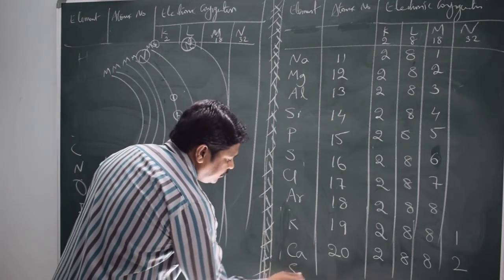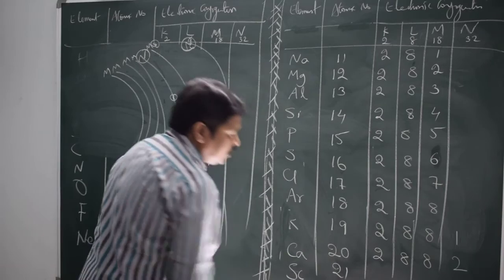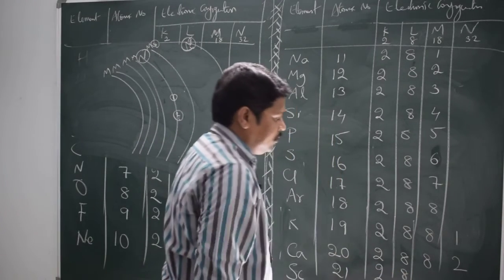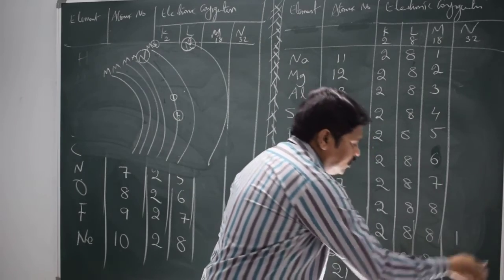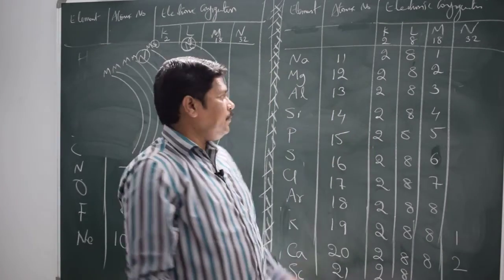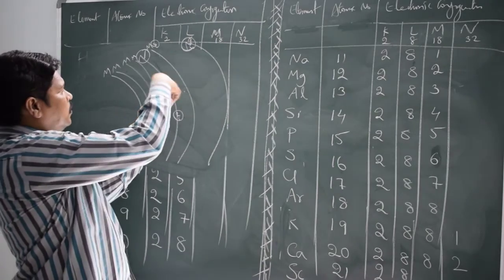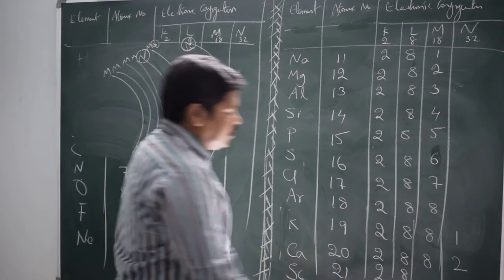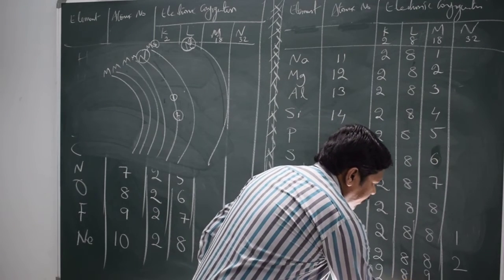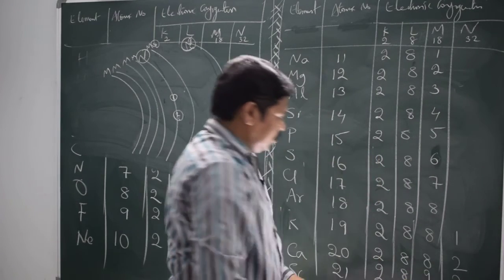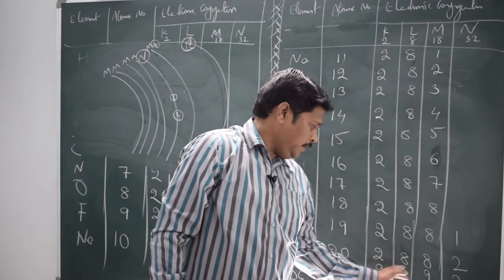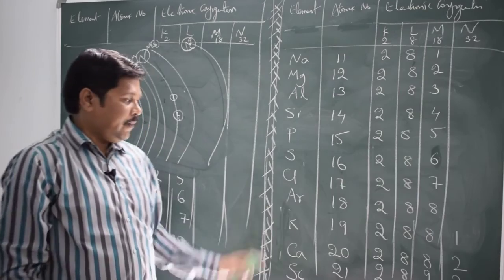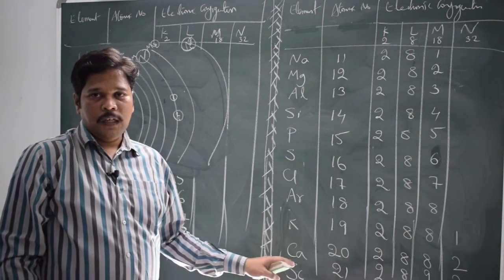For scandium, the 21st element, we are going to write 2, 8, and since after gaining 2 electrons the N shell has attained a higher level, this will become 9 and this is 2. So 2 plus 8 is 10, 19, 20, 21. This is how the electronic configuration will be. For right now, you remember it like this.